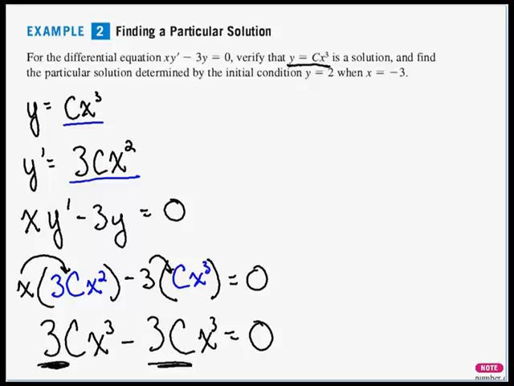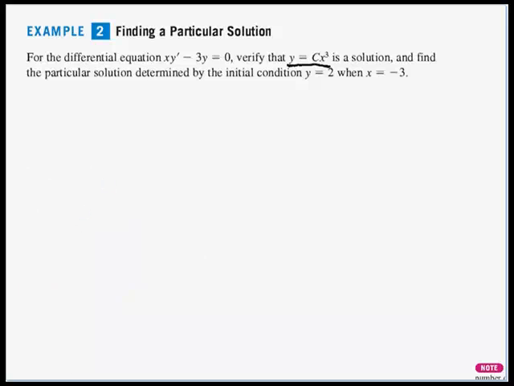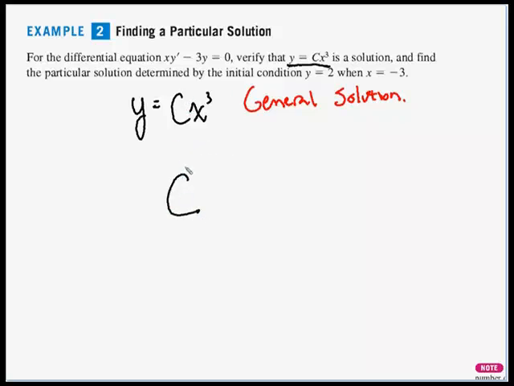So let me clear this out of here. We have our general solution, y equals cx to the third. This is our general solution. So c is just our constant. That's what we're going to solve for.